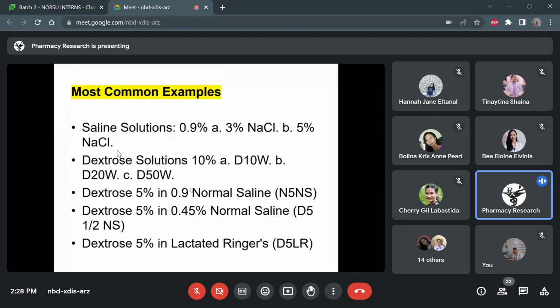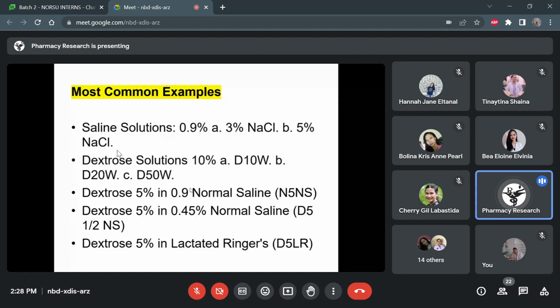Saline solutions come in different kinds, guys. The 0.9% is the NSS polyamp, 0.9 sodium chloride. Okay, sorry. There is also 3% sodium chloride; we don't have 5% here, but they look for 3% sodium chloride.